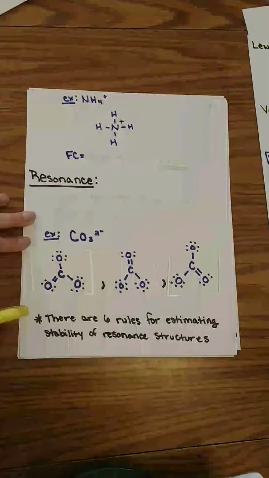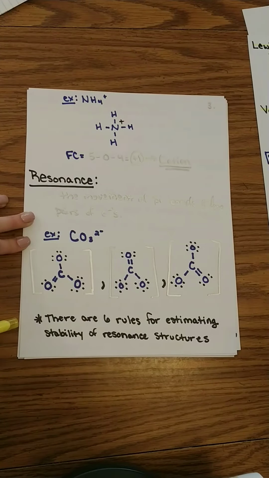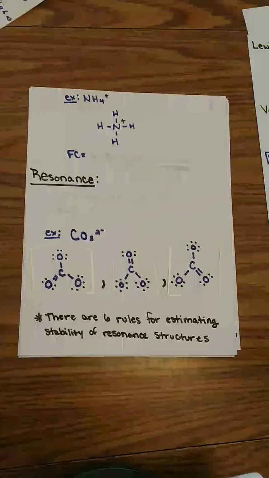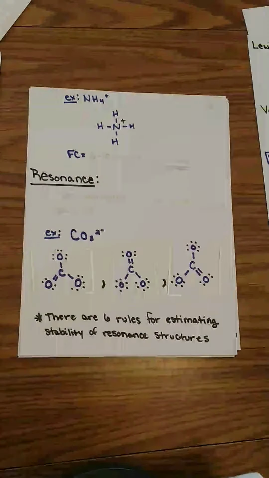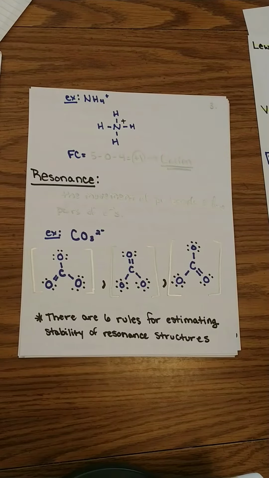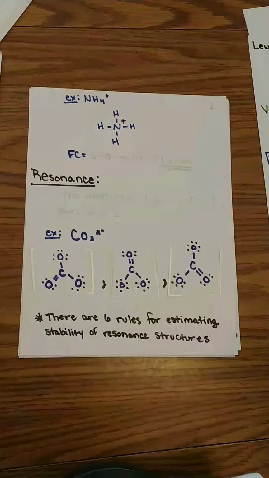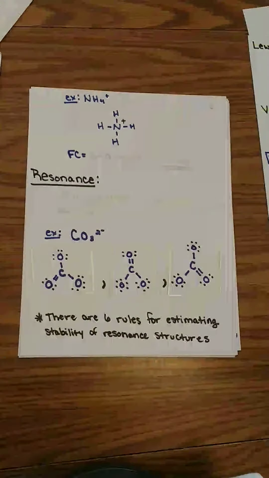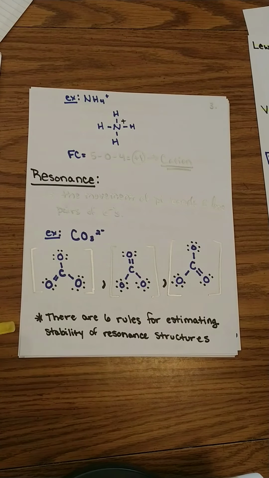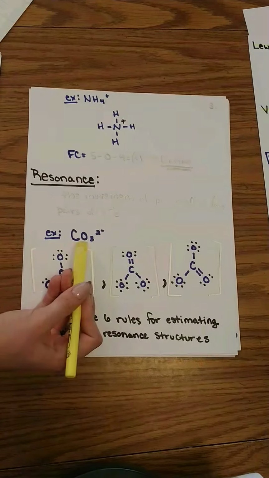There are 6 rules for estimating stability of resonance structures. So, rule 1, the greater the number of covalent bonds, the greater the stability, since more atoms will have complete octets. Again, covalent bonds are 2 nonmetals connected, as we have here.